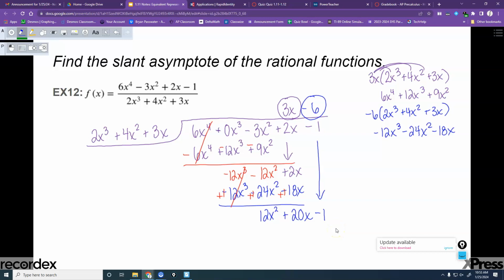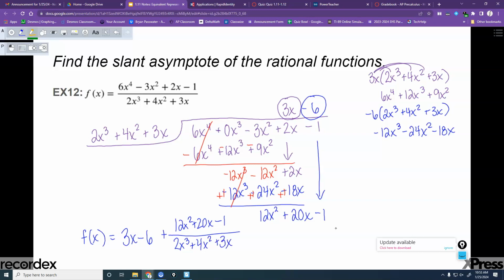Now, as Lucas pointed out earlier, you really could have stopped once you got that negative 6 if it just asked for slant asymptote, because we got 3x minus 6 plus 12x squared plus 20x minus 1 over what you were dividing by, which is 2x to the third plus 4x squared plus 3x, right?